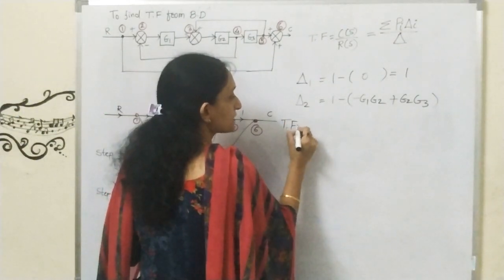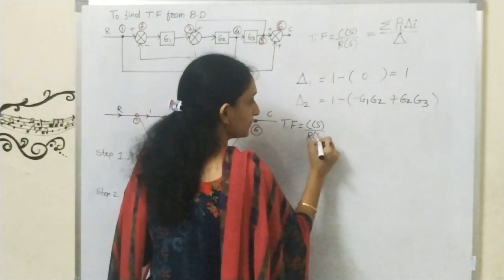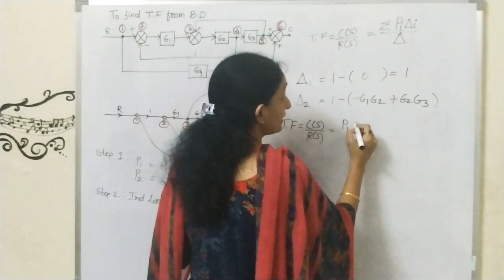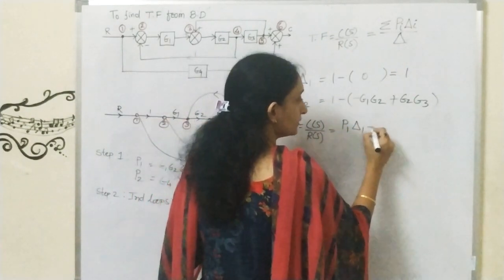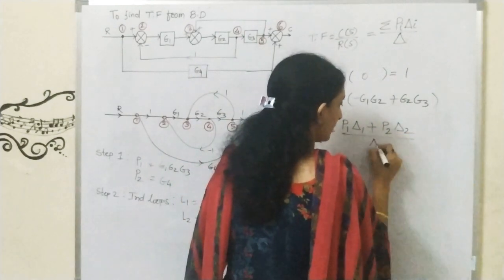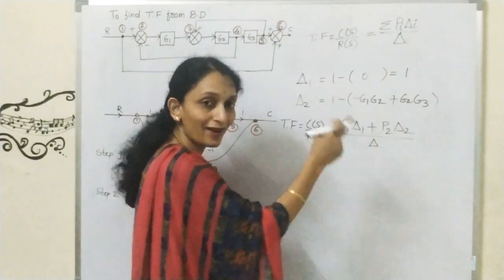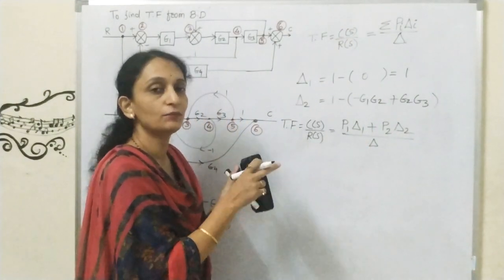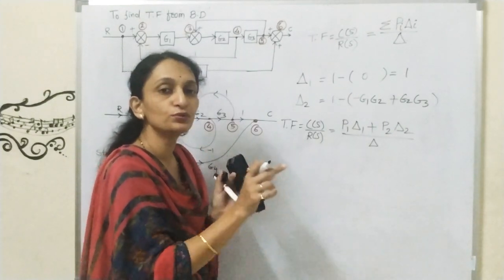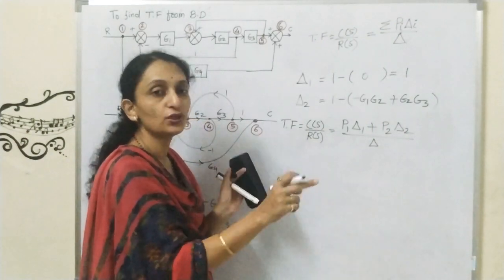The transfer function is the Laplace transform of output to the Laplace transform of input. So I will write here the summation of Pi delta i, meaning P1 delta 1 plus P2 delta 2, upon delta. We know that delta is equal to 1 minus, in first bracket, the sum of all individual loops, plus, in second bracket, the sum of two non-touching loops, minus, in third bracket, the sum of three non-touching loops.